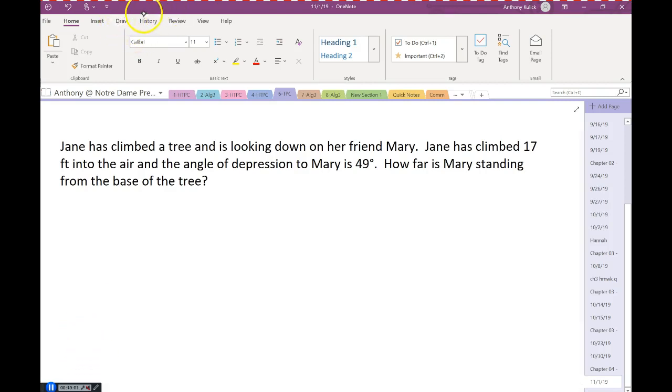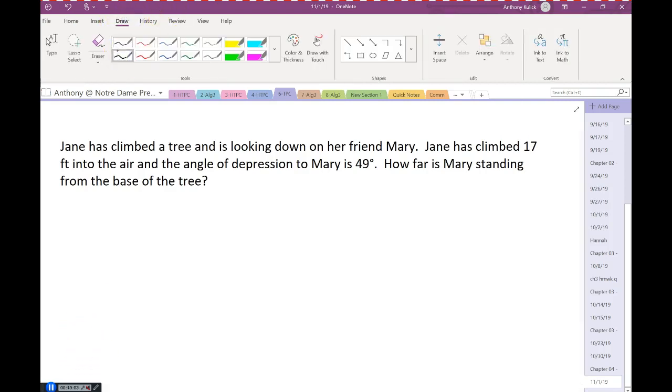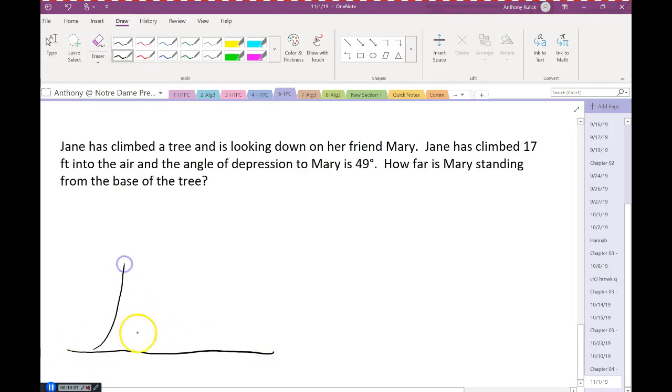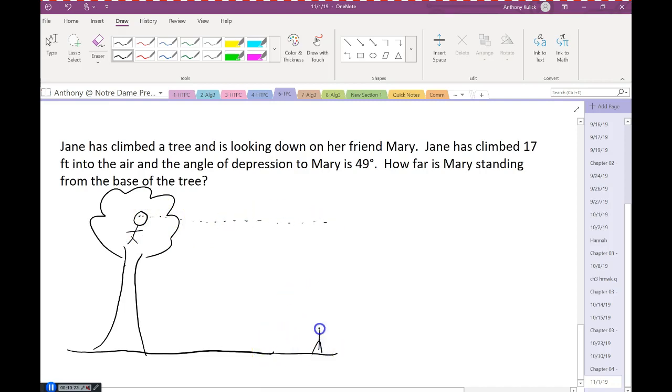So I'm going to start by drawing a picture. So here's our friend Jane up in the tree. There's her line of sight.